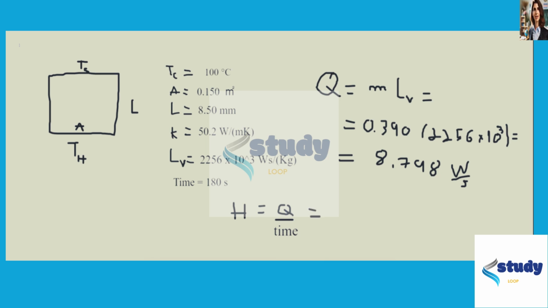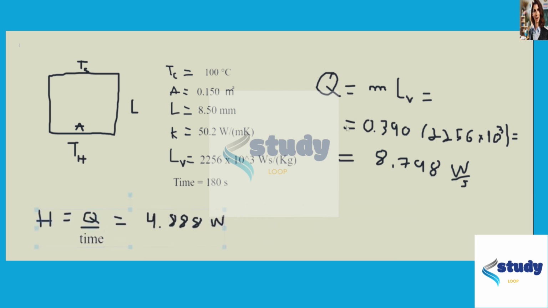This will be 4.888 watts. Now, with this information, we can find the temperature at the bottom because we know now. So let's keep this information here, and we don't need this information anymore.